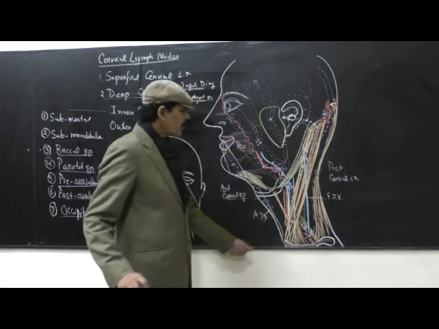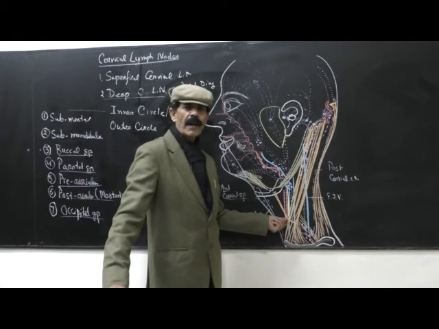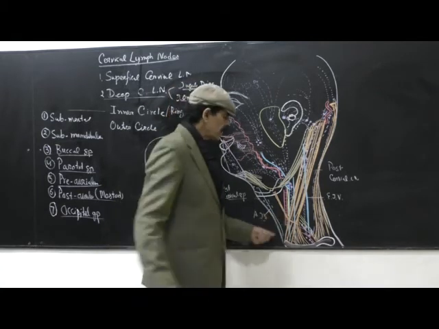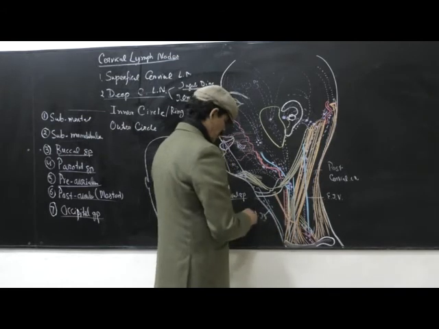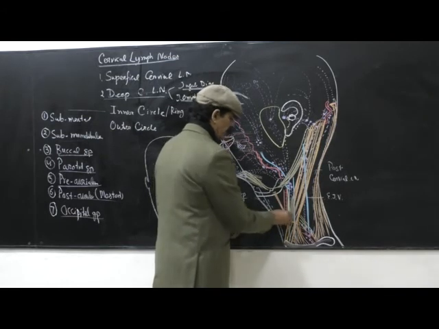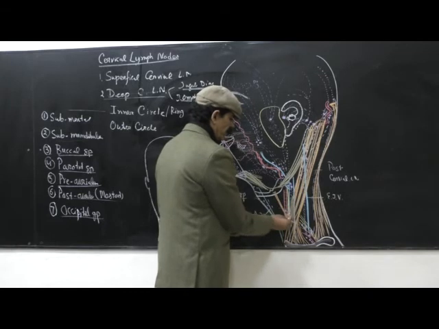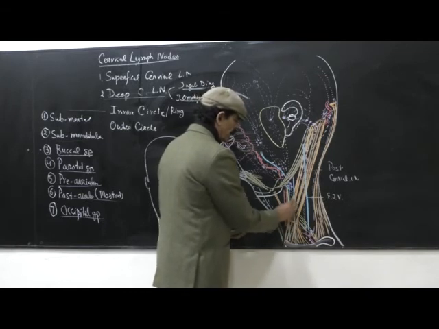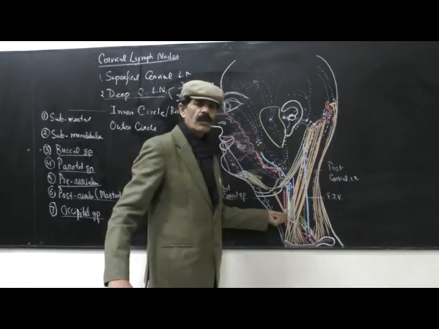So the jugulo-omohyoid group lies just above the intermediate tendon of the omohyoid muscle and the internal jugular vein. So somewhere here in the anterior triangle lies the jugulo-omohyoid group of lymph nodes, in the angle between the intermediate tendon of the omohyoid and the internal jugular vein. So here lies this group. This is called the jugulo-omohyoid group.